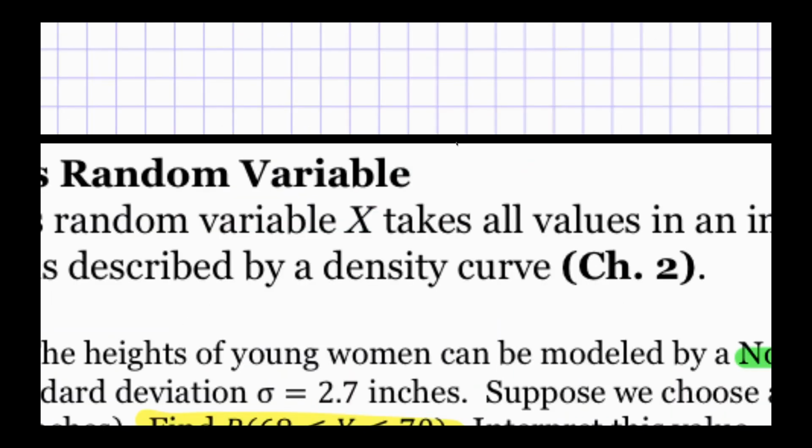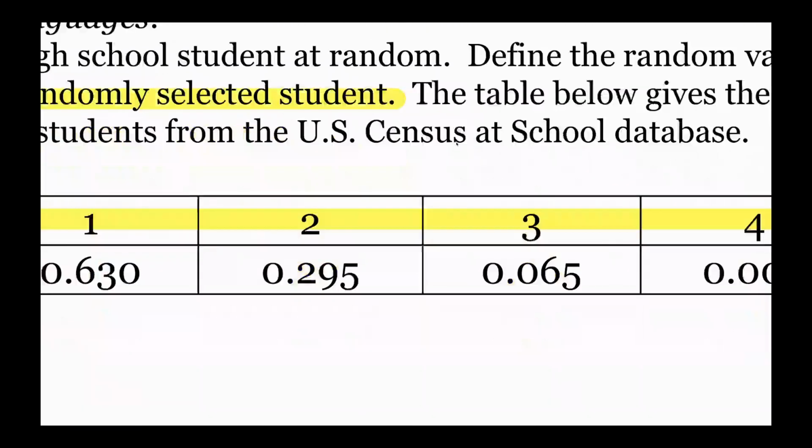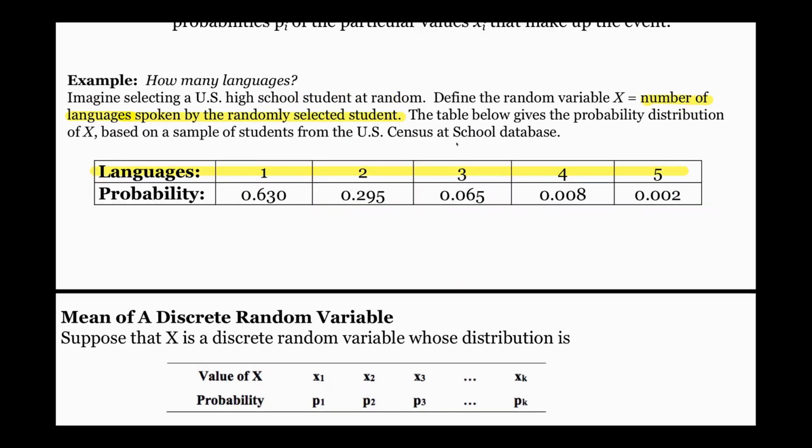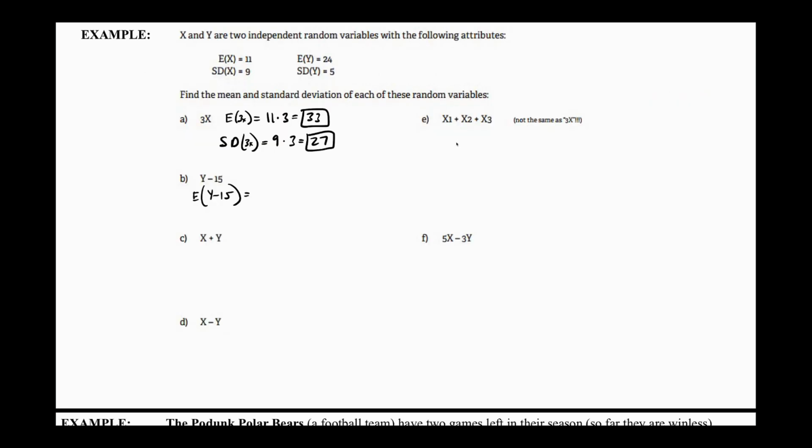The random variables in this other table are the languages spoken. I don't have 15 to take away, but they would be negative, right? It would be negative languages.